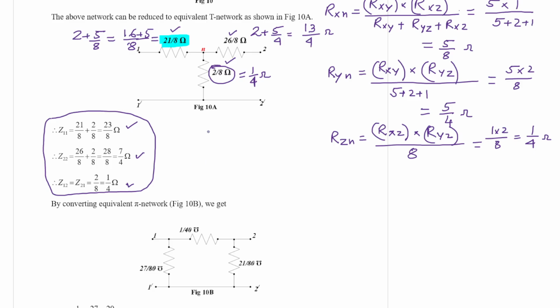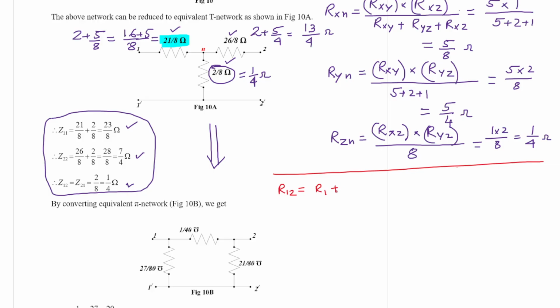Now from figure 10a, you need another conversion. So from T to delta, right? So let us solve that. From T to delta, so let us do that. So what will be R12? Let us use R12. What is the formula?